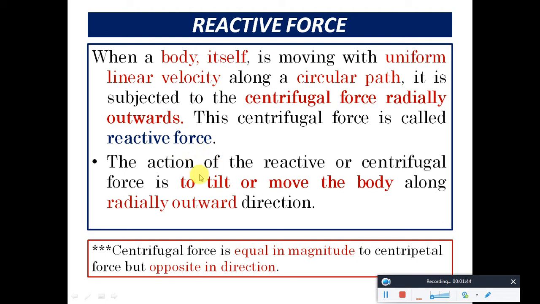The action of the reactive or centrifugal force is to tilt or move the body in the radially outward direction, so that it takes the curved motion, or has some angular displacement. Generally, this centrifugal force is equal in magnitude to the centripetal force, but it acts against it, so it is opposite in direction.